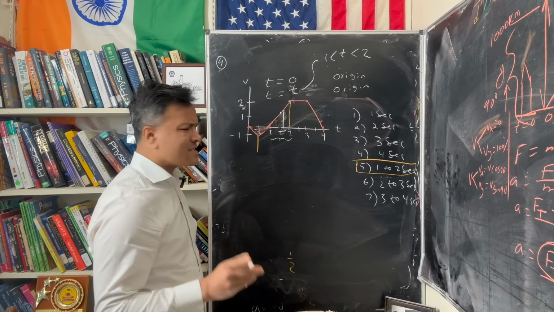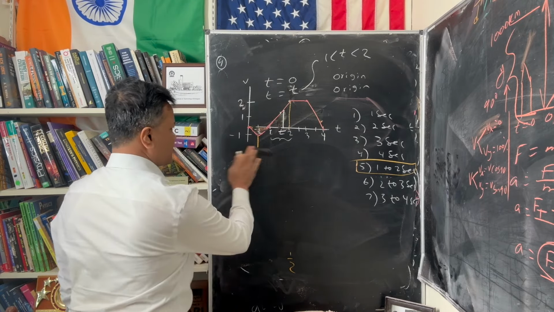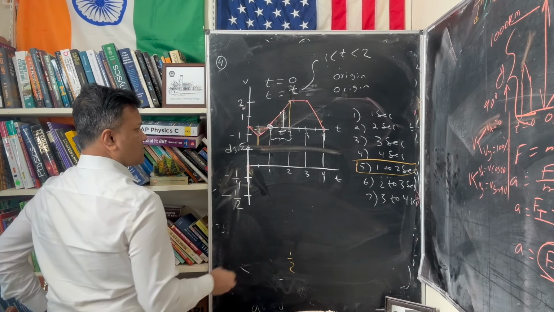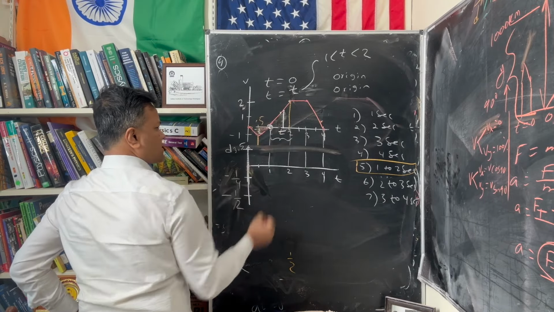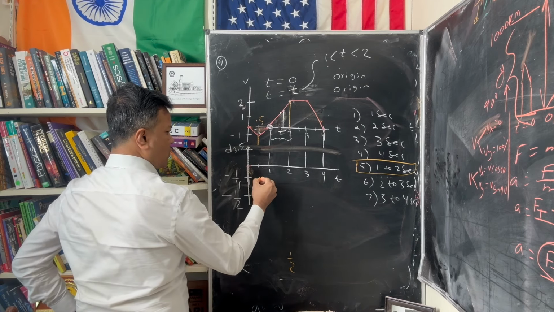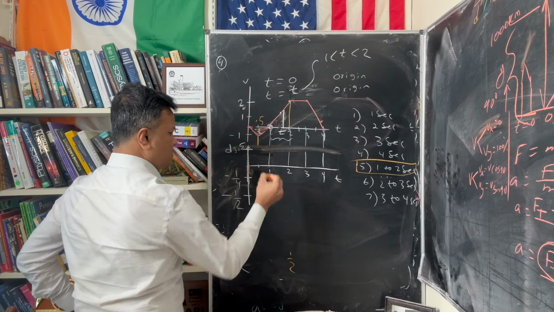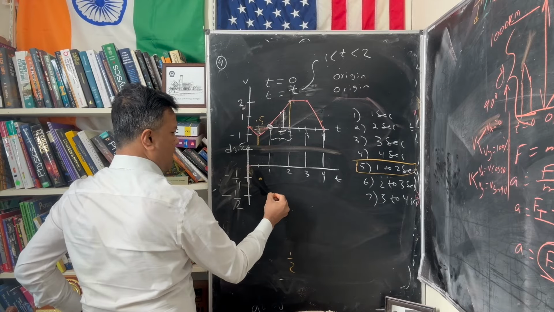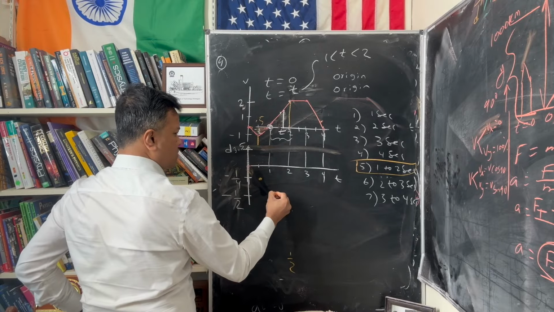Let's exactly draw the displacement-time graph so you understand better. Negative 1.4, this is negative half. At 0.5 second, you are negative 1.4 away from the origin. At 1 second, you are negative half away from the origin.